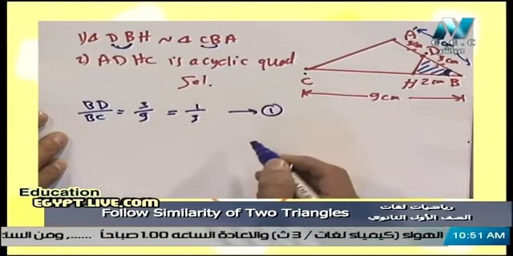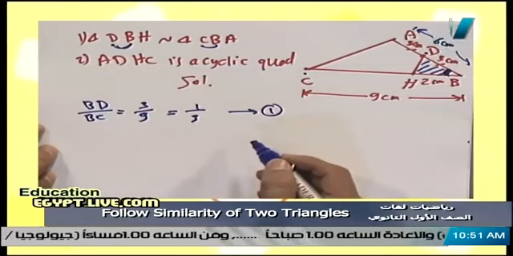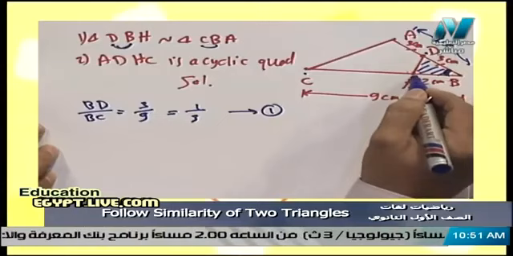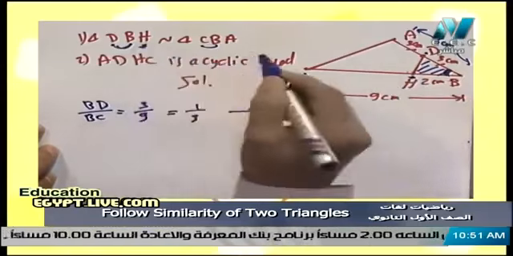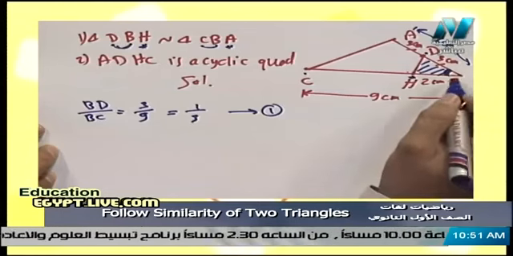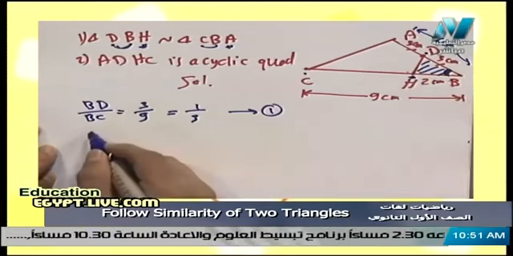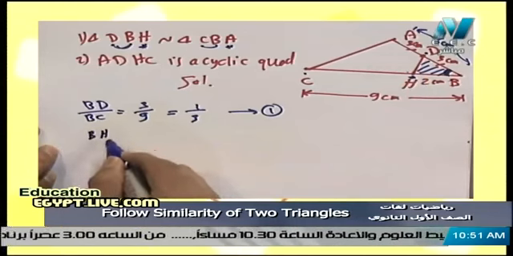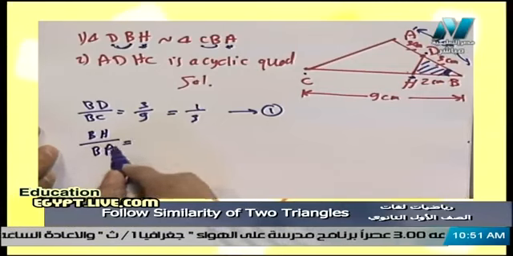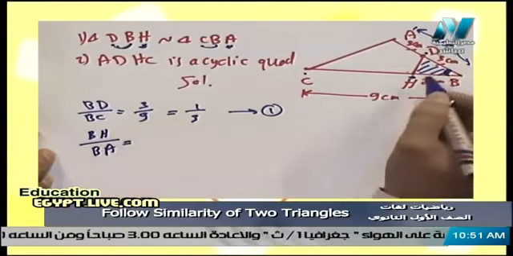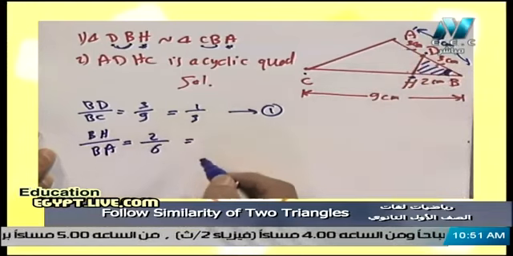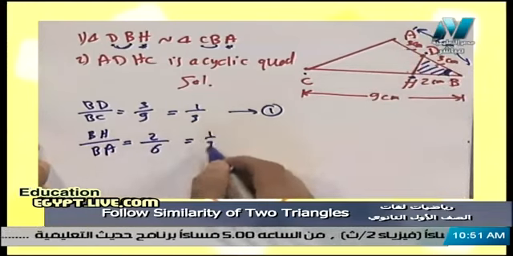This is the first ratio. The second ratio will be BH, because H here corresponds to A, so we will start with BH over BA. BH equals 2 and BA equals 6, and we simplify it, it will be 1 over 3.